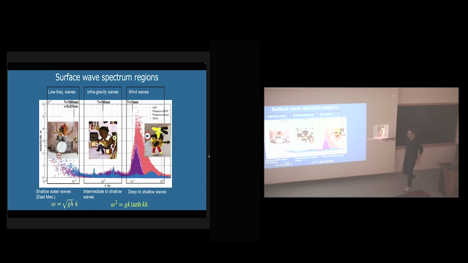This uses deep to intermediate water, so you use the dispersion relation, and depending on the depth, a lot of this is normally considered shallow water. But you also have infragravity in the intermediate.